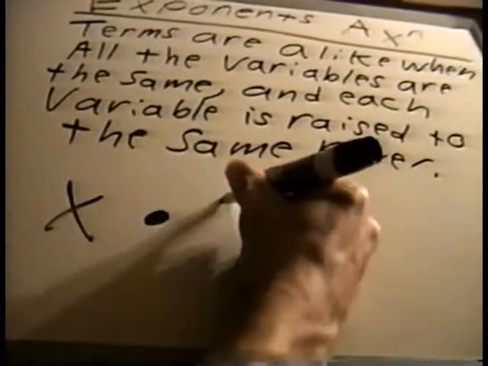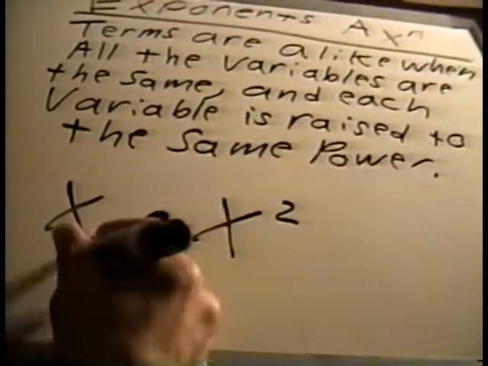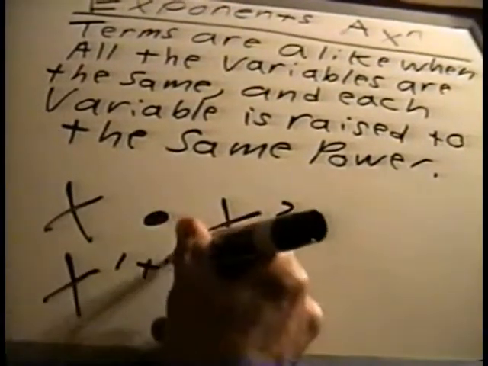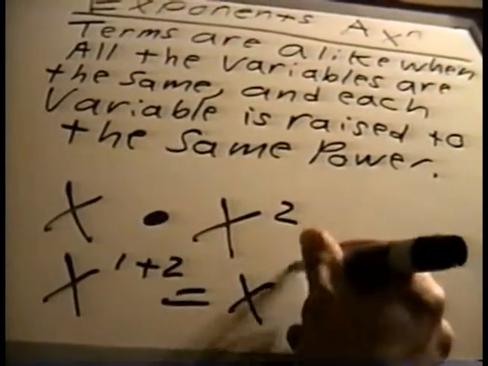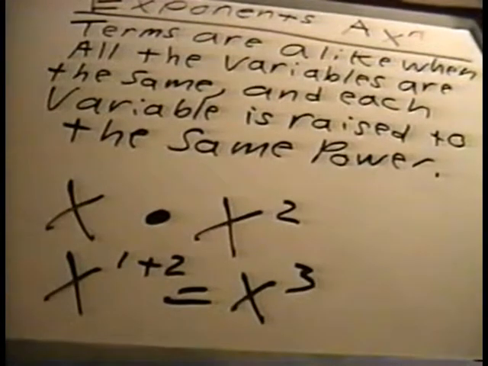Now that equals A times B to the power of 1 plus 2, which equals A B to the power of 3.